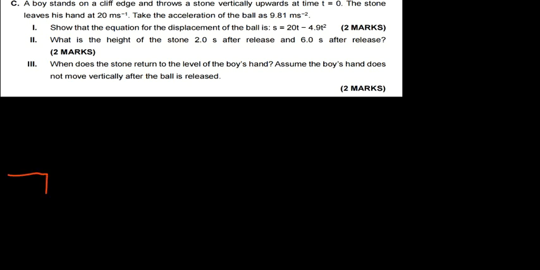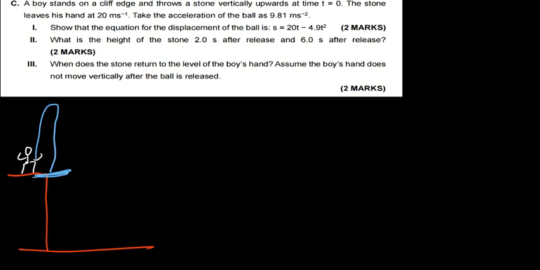So a boy standing here, this boy throws a stone. That stone goes there, but this boy is going to catch this stone again. It goes there and it comes here.